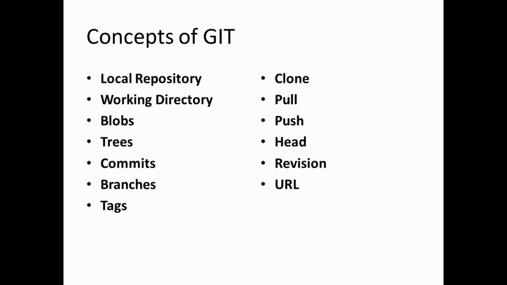Whereas when we do a pull, only whatever you specifically mention, only that chunk of data will come to your machine. That is the difference between clone and pull. Clone copies the whole thing. Then push is the operation where we submit the changes we made to the repository.